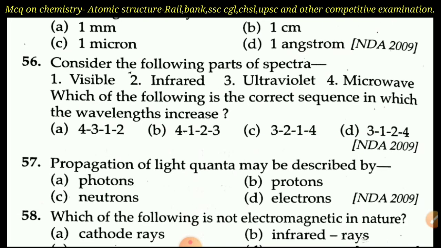Next question is question 56. Consider the following parts of the spectrum: 1, visible; 2, infrared; 3, ultraviolet; 4, microwave. Which of the following is the correct sequence in which the wavelength increases? Option A, 4 3 1 2; option B, 4 1 2 3; option C, 3 2 1 4; option D, 3 1 2 4.